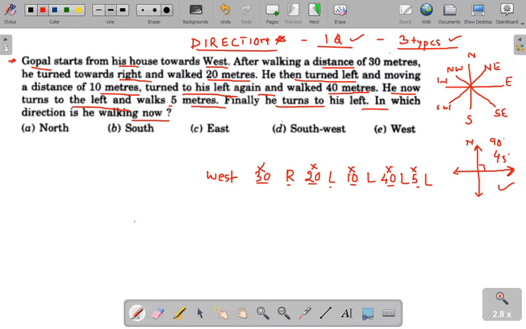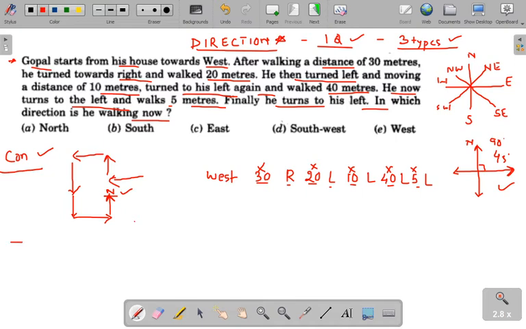We started towards west, took a right, then took a left, then took a left, then took a left, and then again took a left. Now he's facing north. Well, this is a conventional approach of solving the problem, where you actually have to draw these arrows to find out the direction.